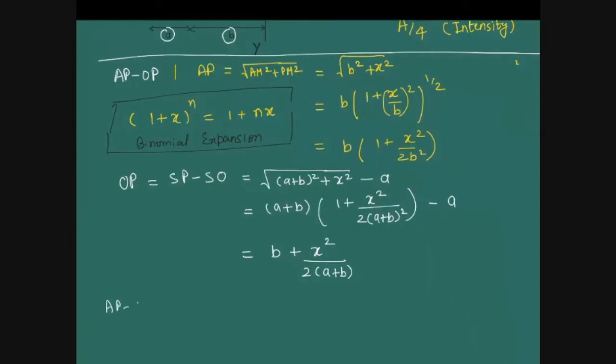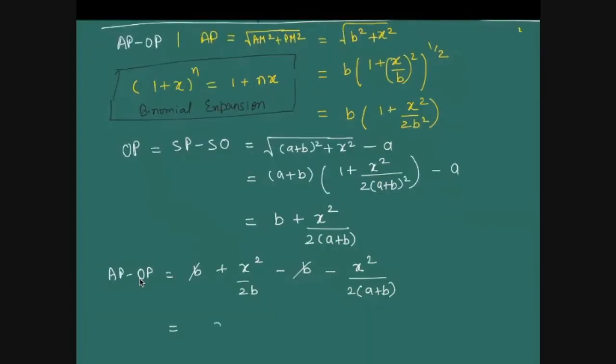So AP minus OP would be... B plus 1B will be cancelled out. So x square by 2B minus, we calculated OP as B minus B minus x square by 2A plus B. So we will be left with x square by 2 common.